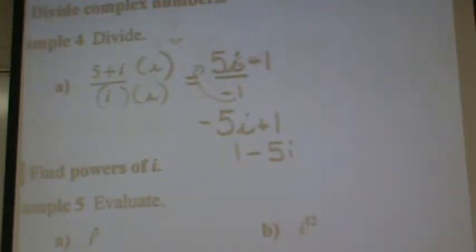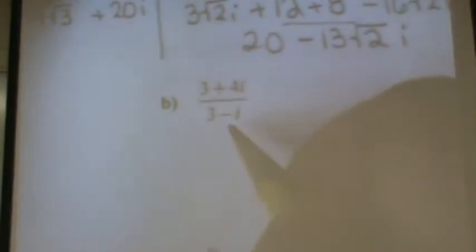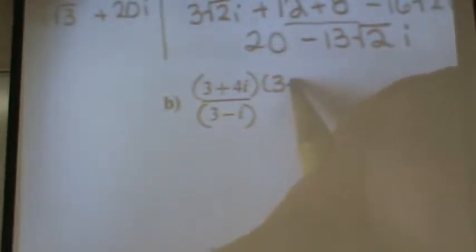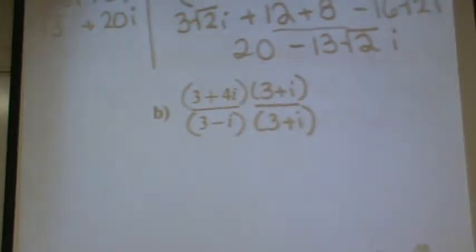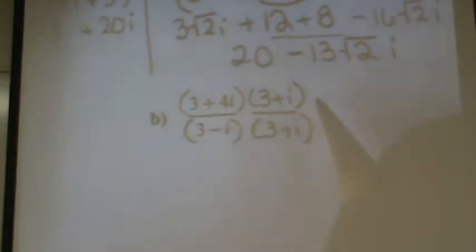Okay, next. What is the conjugate for b? 3 what? 3 plus i. Okay, so what do I do now? So the conjugate is 3 plus i.